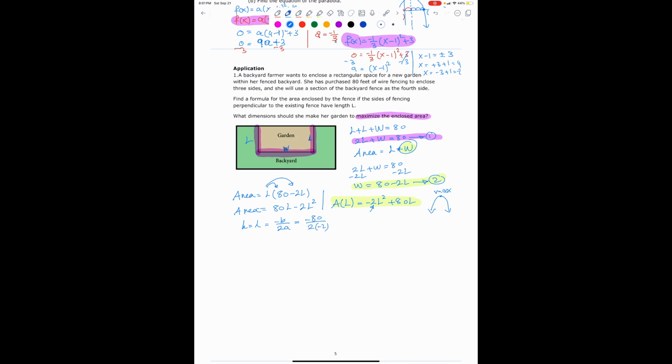That is equal to negative 80 over negative 4, which is equal to positive 20 feet. And that is basically the length, the H value, because that is the variable we're using in our equation. And then the function itself is going to be the area, so the K value is going to be the area.